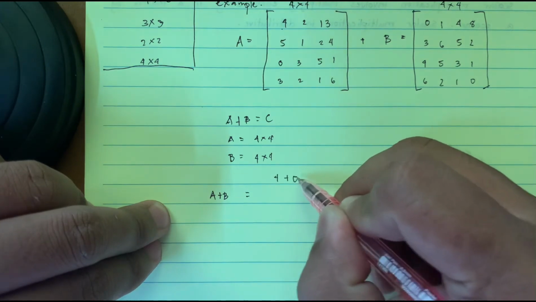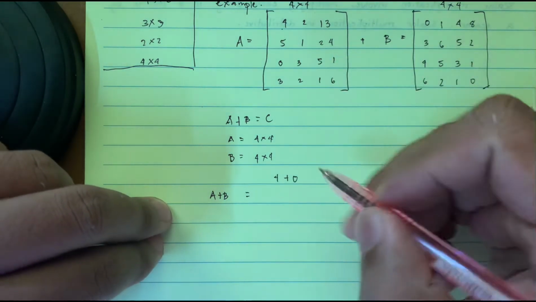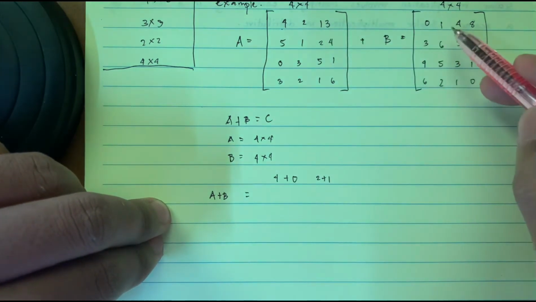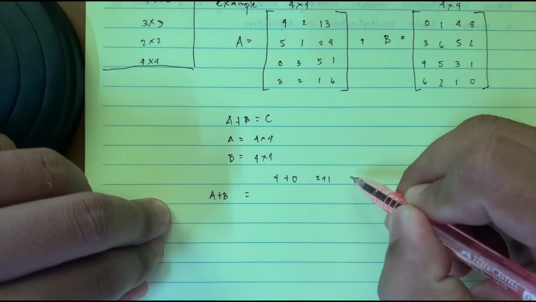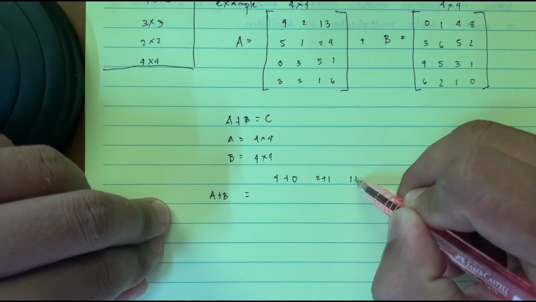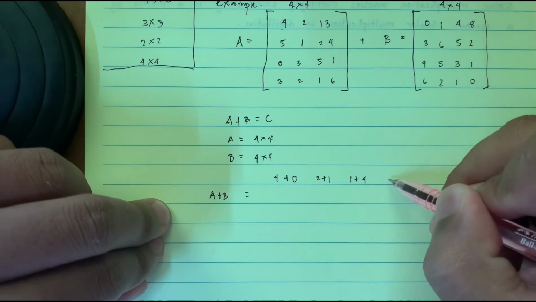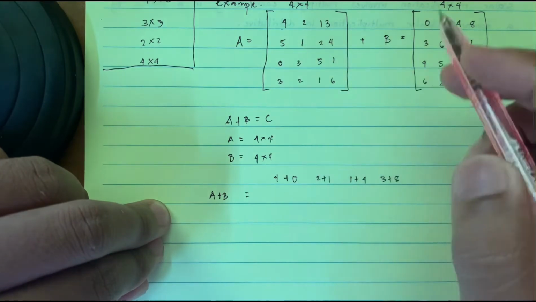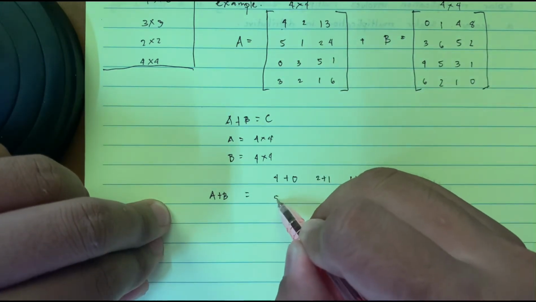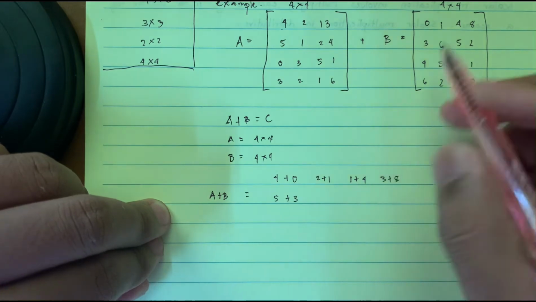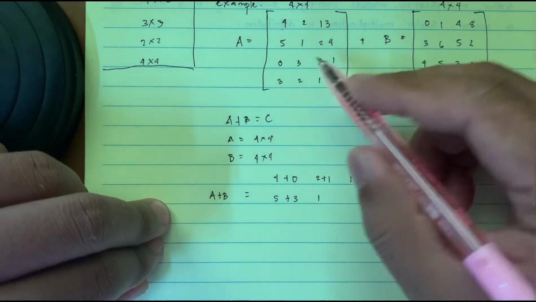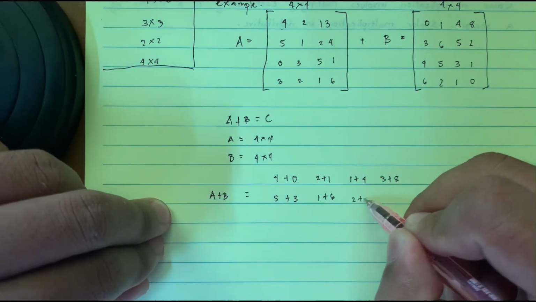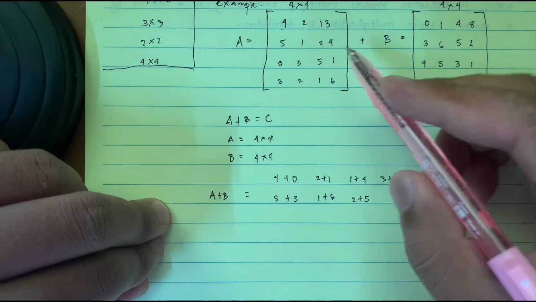4 plus 0, 2 plus 1, 1 plus 4, 3 plus 8, and so on. Ganun din dito. 5 plus 3, 1 plus 6, 2 plus 5, 4 plus 2.